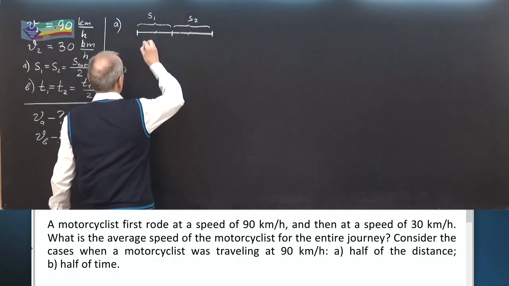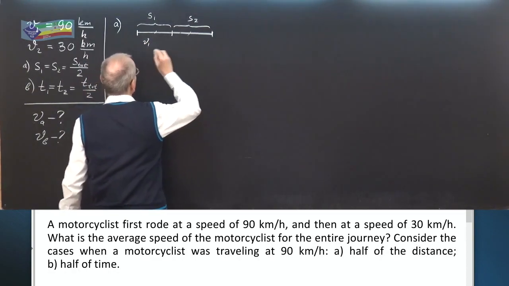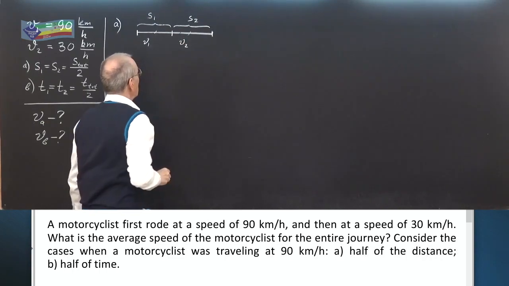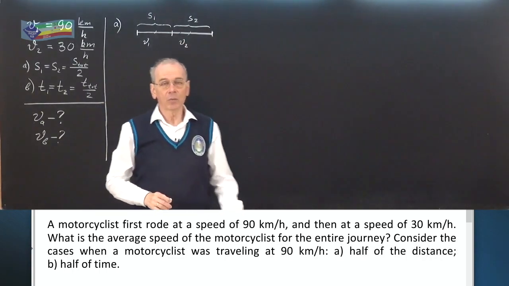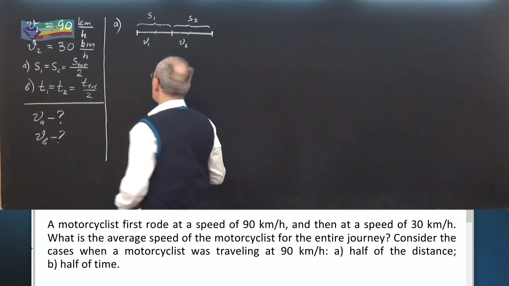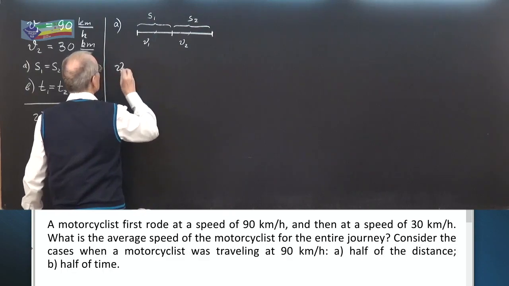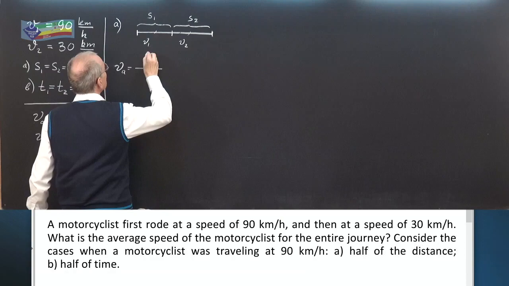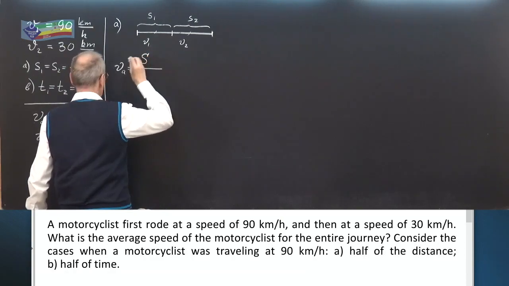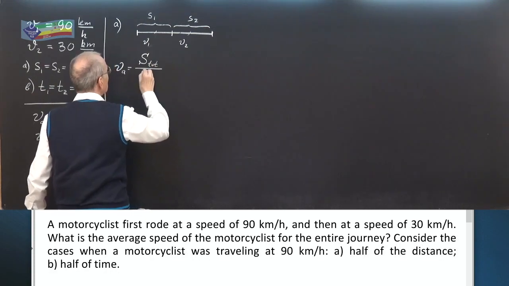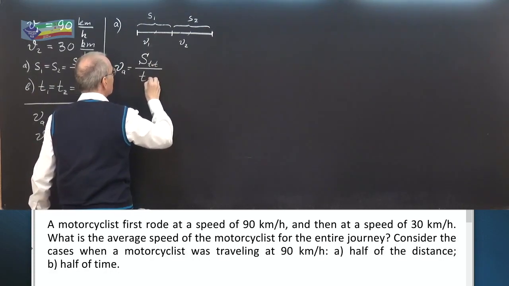Here, V1 is the speed of the motorcyclist, here V2. If we want to find the average speed, we have to divide total distance by total time.